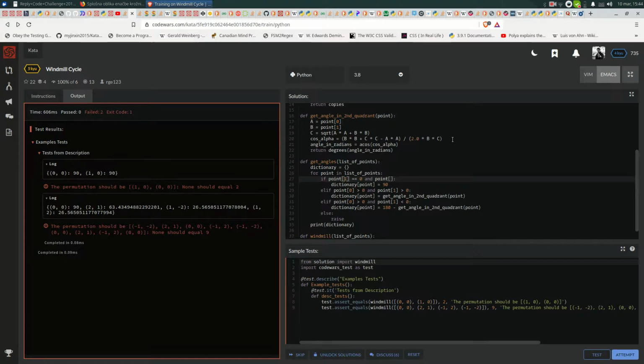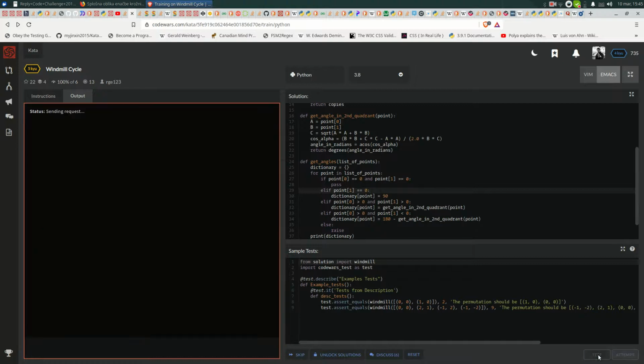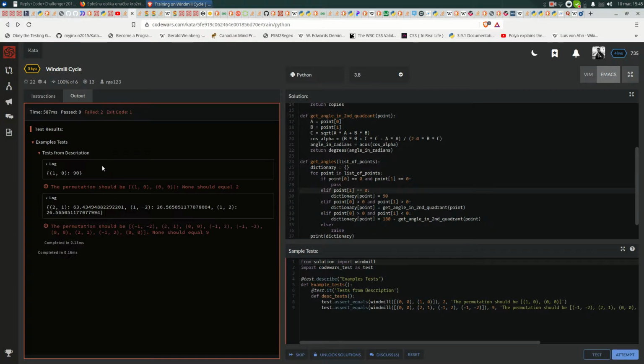So if point 0 is 0 and point 1 is also 0, then just pass to elif point 1 equals 0. Yeah, do that. So that, all right, this is that angle and that is that angle.